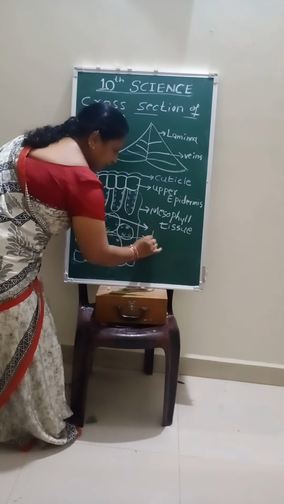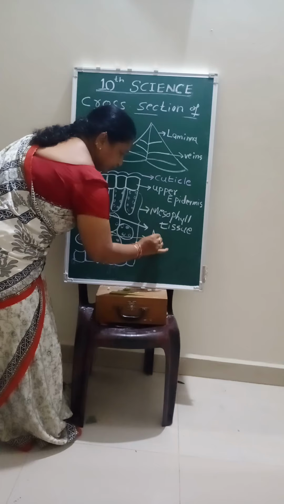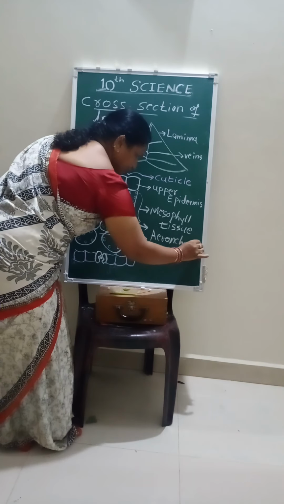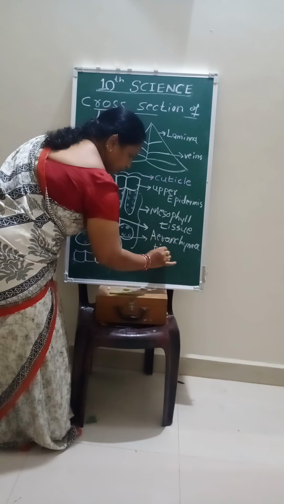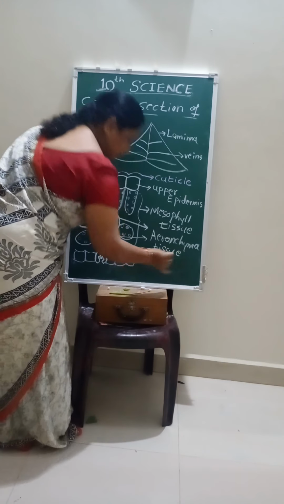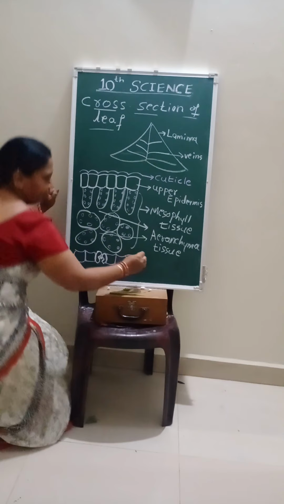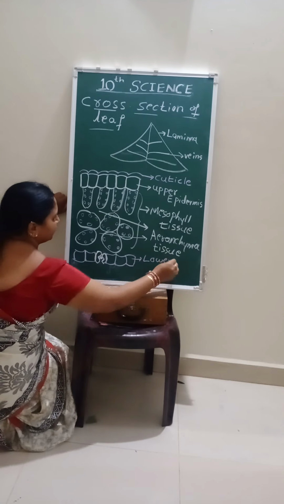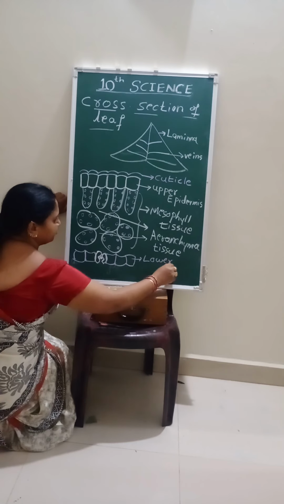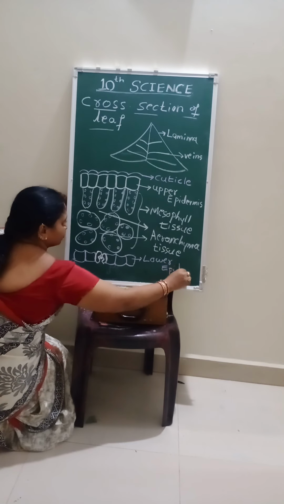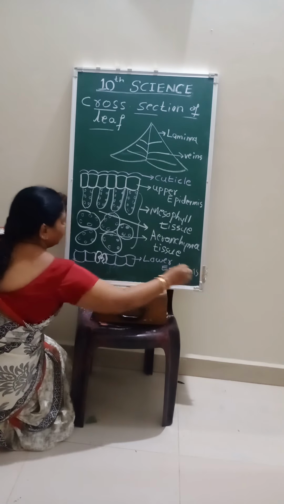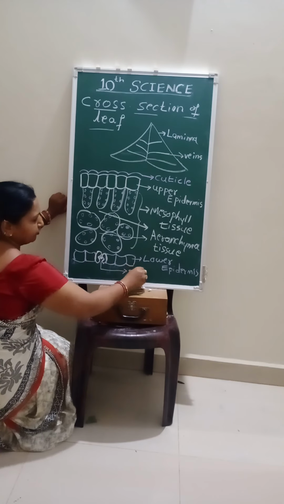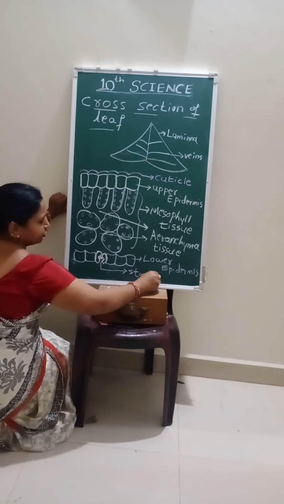This is called the Aerenchyma tissue. And this is the lower epidermis. Lower epidermis, and this is one of the important structure that is called the stomata.